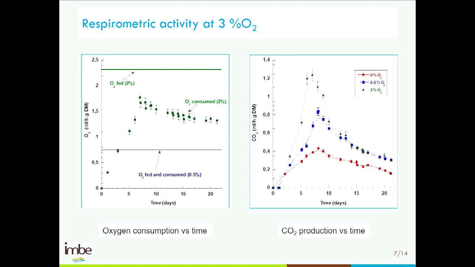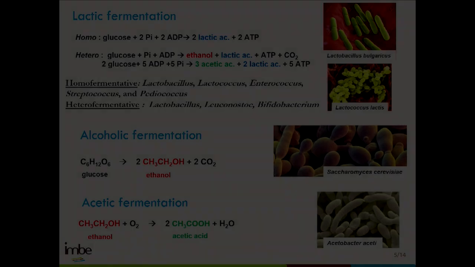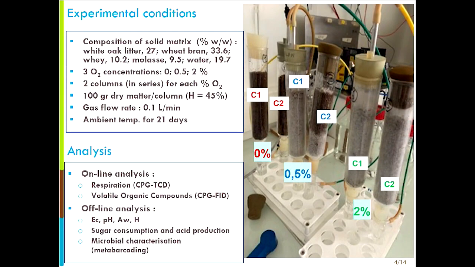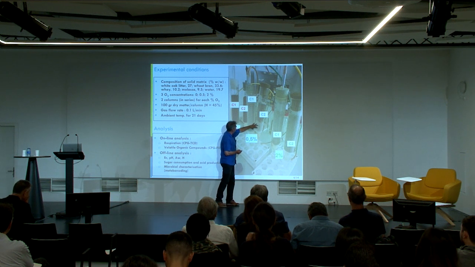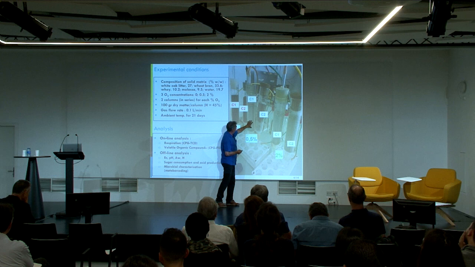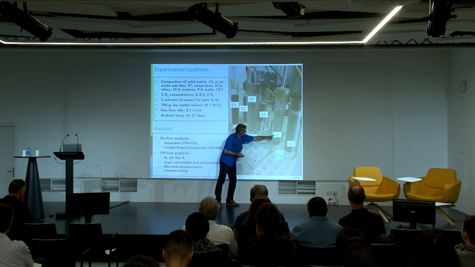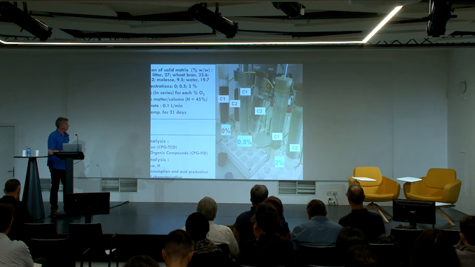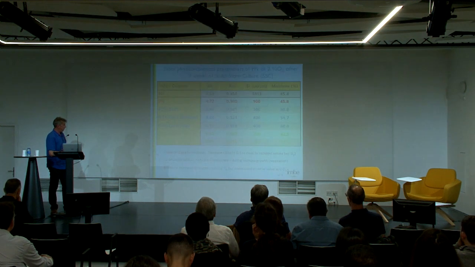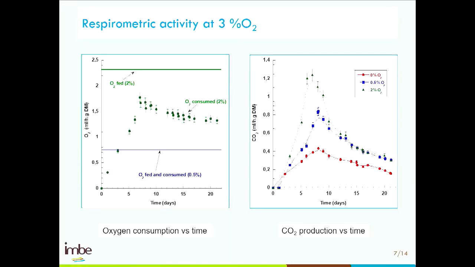Here we can see that with no oxygen, this color, and here with 0.5% oxygen, growth of fungi in this part, in the bottom of the second column also, and at 2% oxygen, we have growth of fungi in all the column. The maximum oxygen consumption when oxygen is not limiting is around 6 or 7 days.